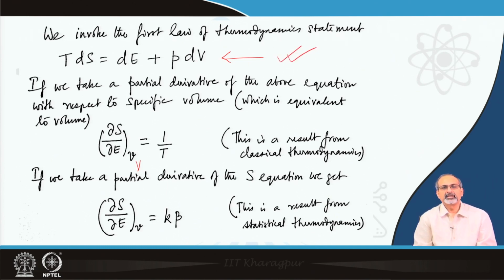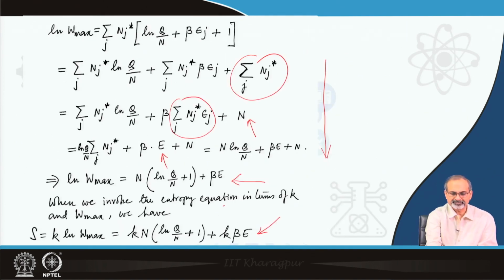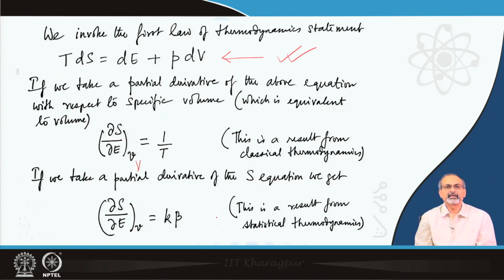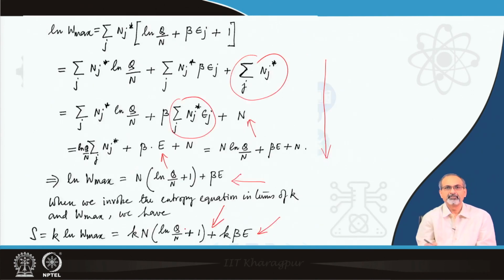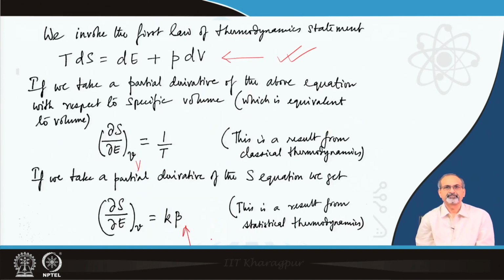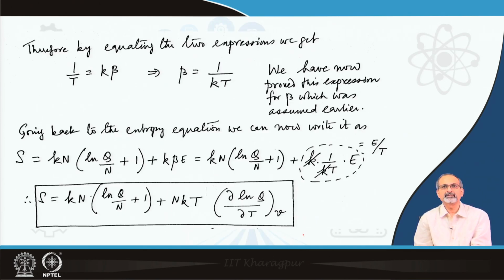Again, if we take a partial derivative of the S equation, which we just left behind here, then what would we get? If we take del S del E at constant V, then we end up getting k times beta, and that comes up basically from this term. So, this is a result from statistical thermodynamics. So, we have del S del E at constant volume coming from two worlds, but they should give us the same fact.